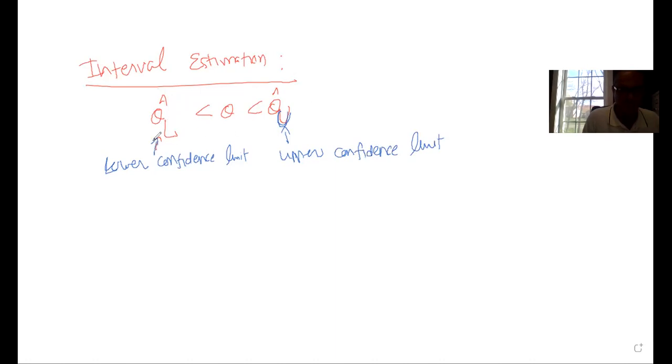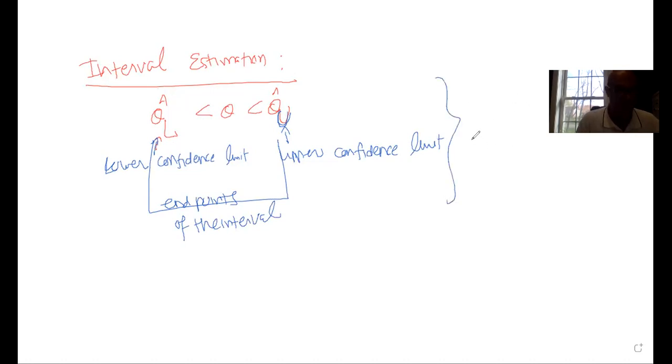If you are looking for the confidence interval, the lower limit and the upper limit, correspondingly we are going to find the probability.